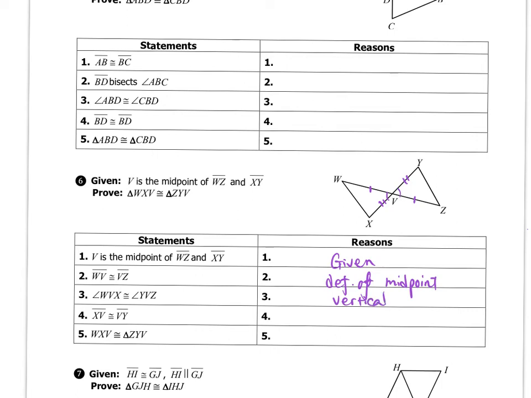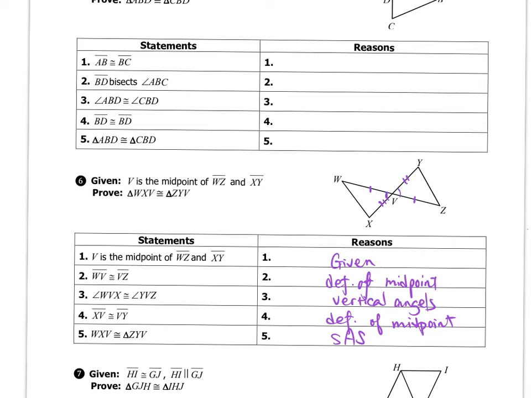That's by definition of vertical angles. And XV is congruent to VY. That's also by definition of midpoint. Therefore, now I have the SAS theorem there to prove the two triangles are congruent.